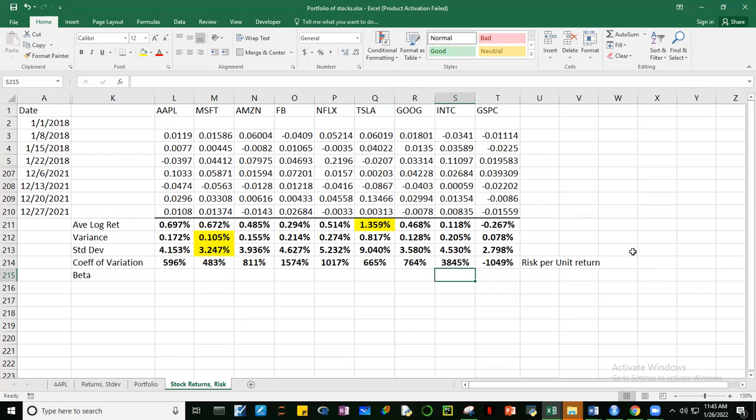So, which company here, guys, of course, hindi nakasama si GSPC, negative nga yung ano nito, no? Which company performed best? Was it Intel, guys? Excuse me. Was it Intel?